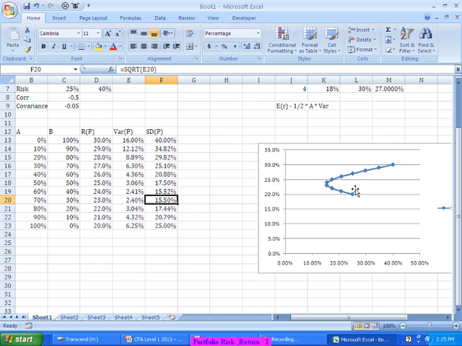efficient portfolios. So that portion of the curve from the global minimum variance to the upper side is what we call the efficient frontier.